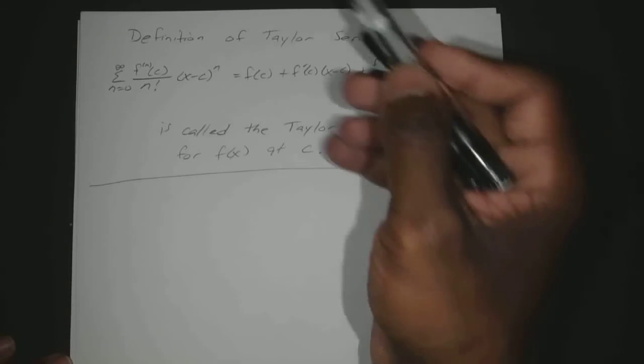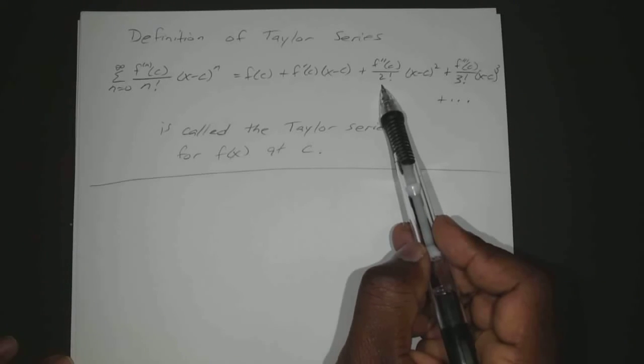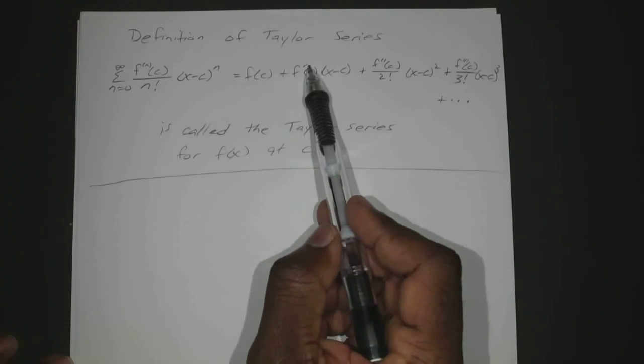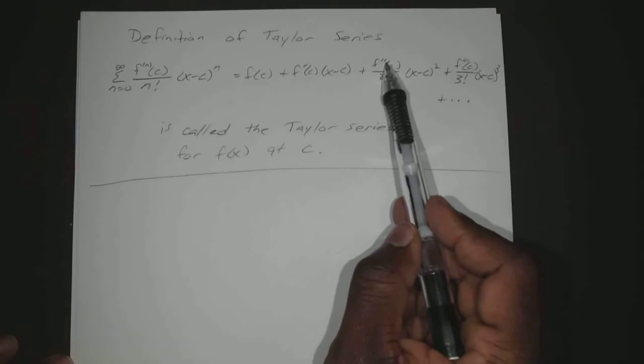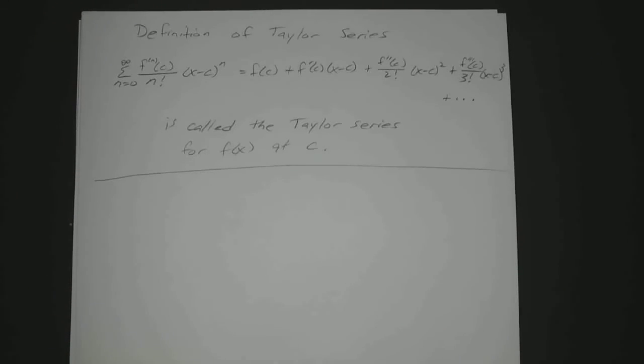Then you have f double prime of c over 2 factorial. So really you're just going to have 1, 1, 2, 2, 2, 3, 3, 3, 4, 4, 4, and it keeps on going like that. So you have the fourth derivative over 4 factorial and x minus c to the fourth power. Then it keeps going and going.